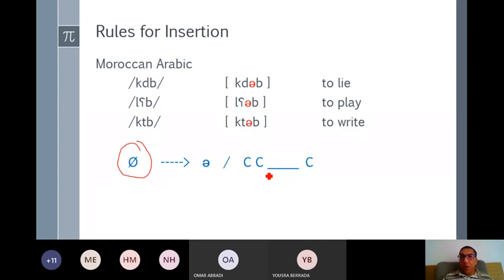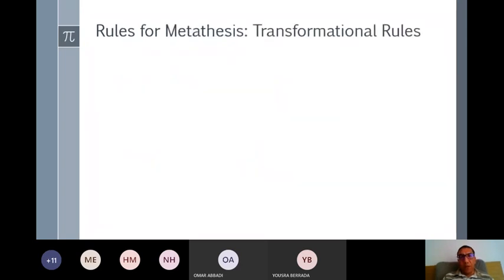And now we move on to other forms of rules. So far, we have seen only rules that affect one segment, but there are rules that affect more than one segment, and one example of such a rule is metathesis.